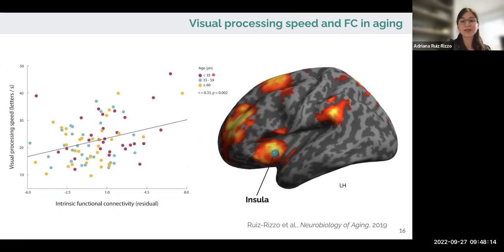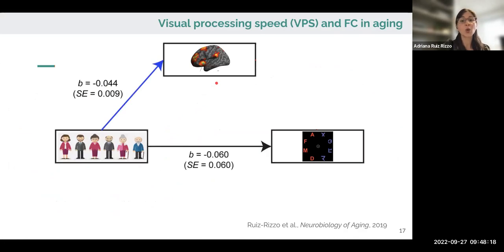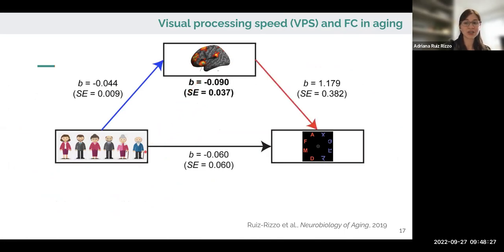And this was the case across all age groups. Furthermore, we found that decreased functional connectivity in the cingulo-opercular network mediated the association between age and visual processing speed. So this is what we had expected from the beginning.